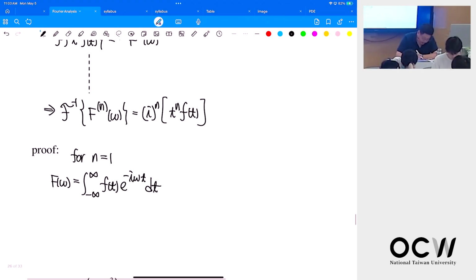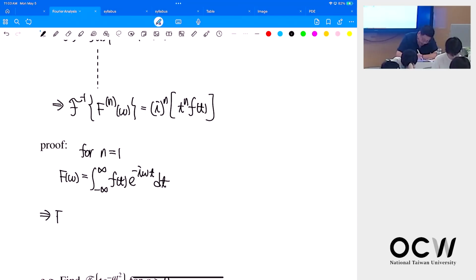Then take the first derivative, F prime. If I take the derivative here with respect to omega, I have minus i t, the chain rule, f of t, e to the minus i omega t, dt.